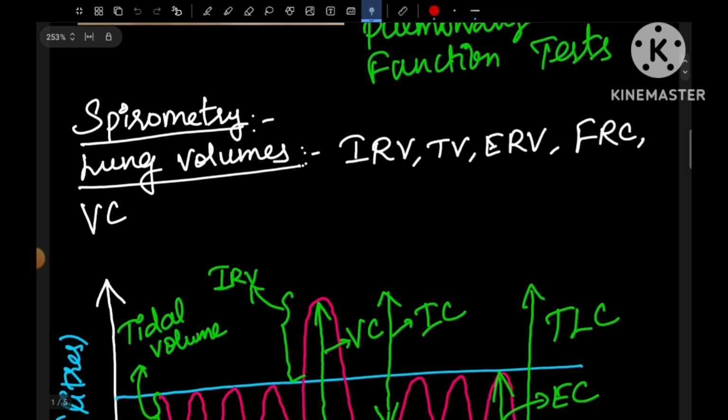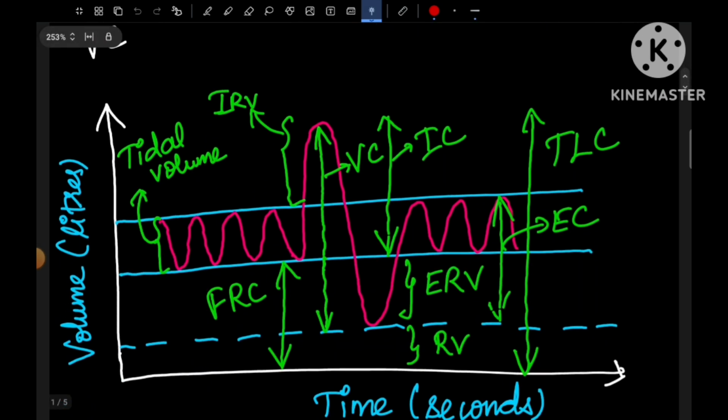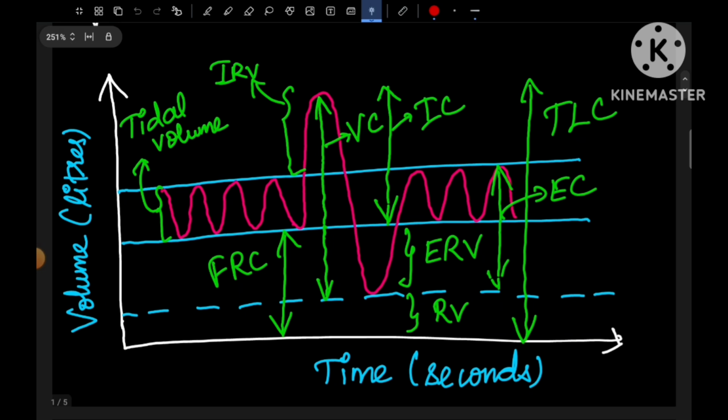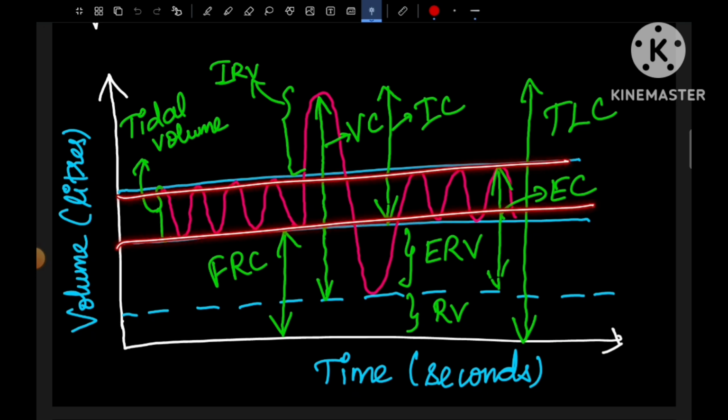Next, this is the lung volumes which we saw, right? This is a graph. First we are drawing it. Know how to draw this diagram. It will be useful in your final exams, right? We are just drawing a reference line.